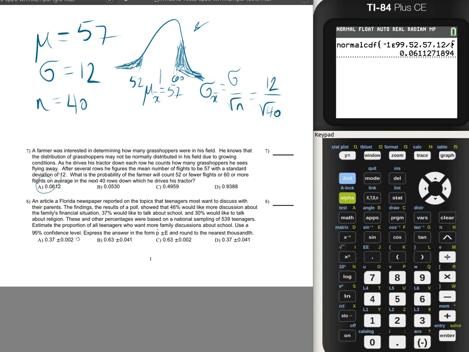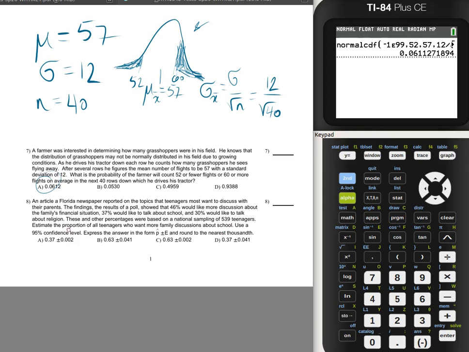And then what about number 8? It says there's an article from a magazine about teenagers. 46% would like more discussion about finances, 37% want to talk about school, 30% want to talk about religion. These percentages are from a national sampling of 539 teenagers.